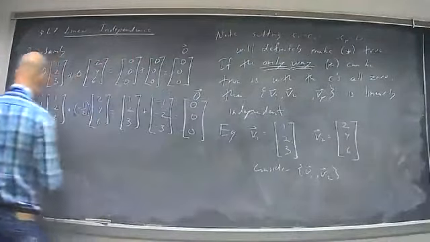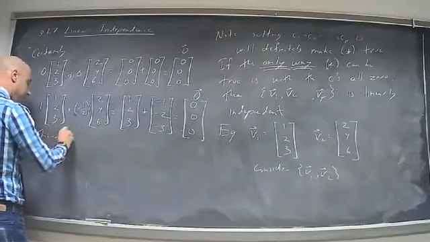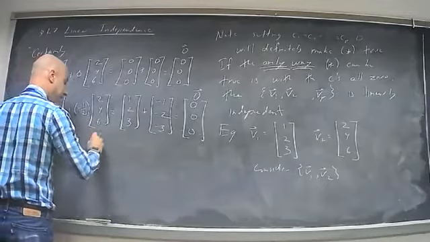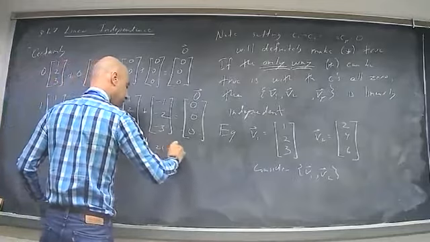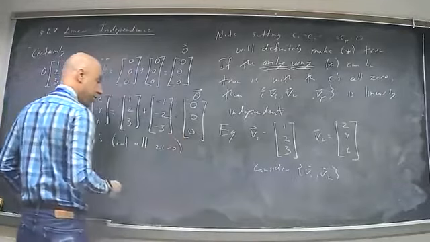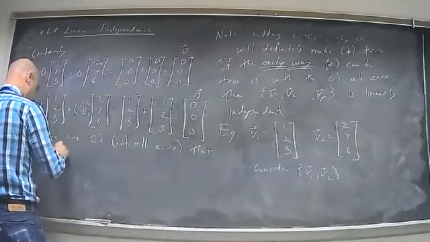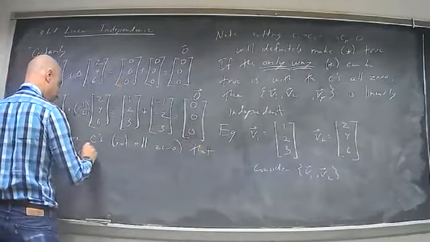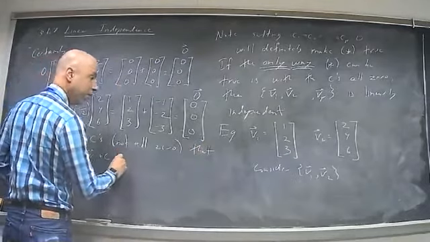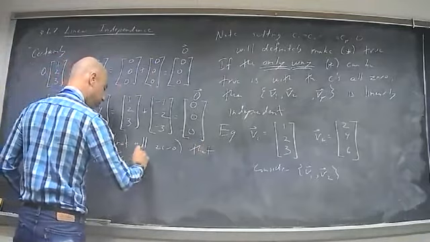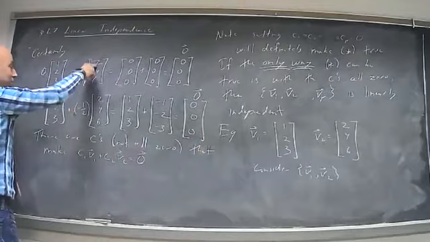So for these two vectors, there are c's, not all 0, that make c1 times v1 plus c2 times v2 equal to 0 in this particular case, where v1 is 1, 2, 3, and v2 is 2, 4, 6.